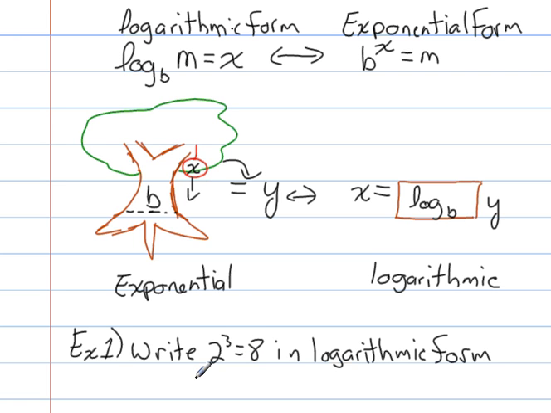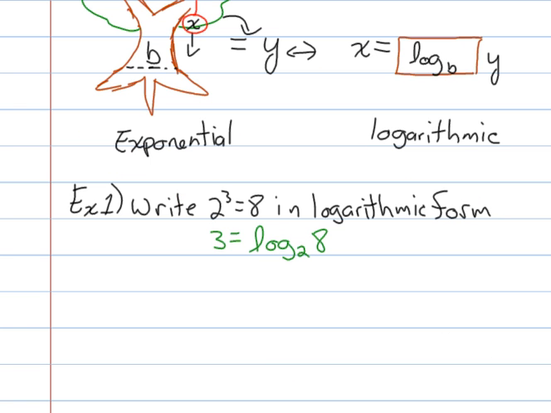The exponent falls straight down. The tree is no longer a tree, it's now a log with the same base, so log base 2. And then the 8 just moves over. You may see it like this, or you can switch the two things and have log base 2 of 8 over here and the 3 over here. It gives you the same thing because it's equals. So there's going from exponential to logarithmic.